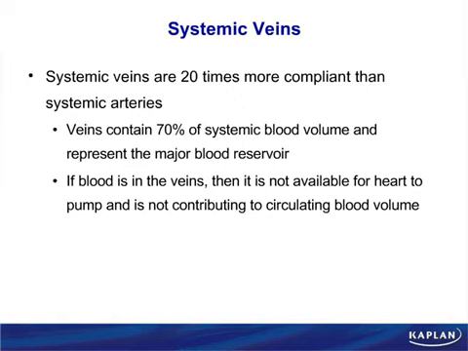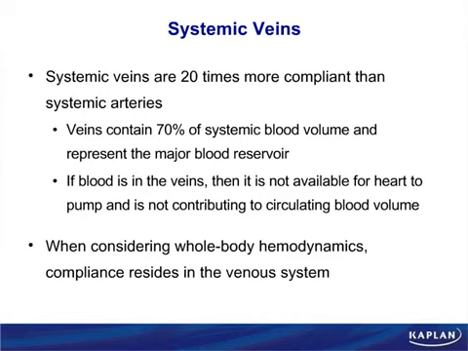Now, when considering whole body, here's a big key. When considering whole body hemodynamics, compliance, veins, all right? The compliance of the systemic circulation is venous compliance. When we're thinking entire circulation, we pretty much ignore arterial compliance.